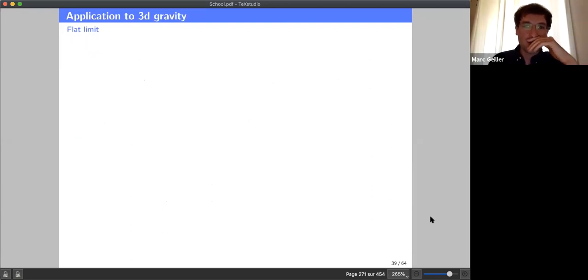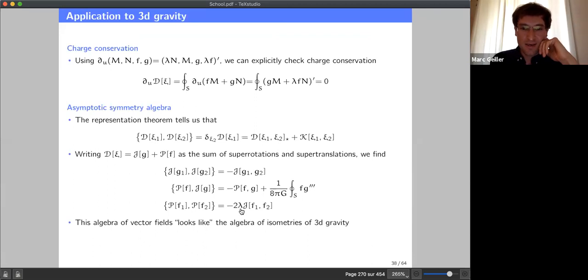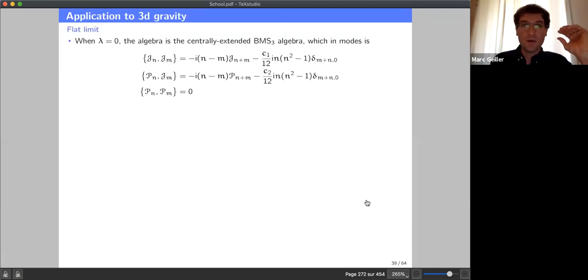Okay. And so I just want to mention that if you take the cosmological constant to be 0, flat, I'm just rewriting the algebra in terms of modes here, but this is what we call the centrally extended BMS3 algebra. So these vector fields generating super rotations and super translations give rise to charges, and these charges satisfy an infinite dimensional extension of the Poincaré algebra, which we call the BMS3 algebra.